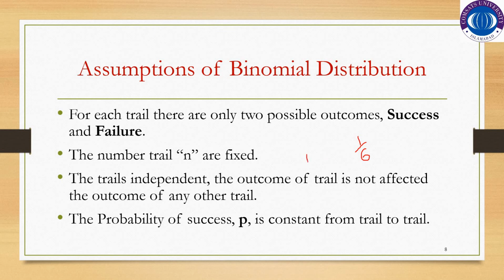This is the probability of success. If we repeat our experiment in a second trial, what is the probability of occurrence of 5? It will again be 1 by 6. So, probability of success is the same from trial to trial.